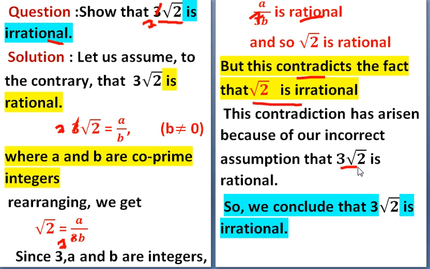So assumptions 7 root 2 is rational is incorrect, hence 7 root 2 will be irrational.